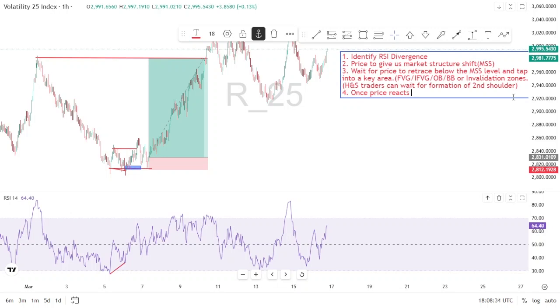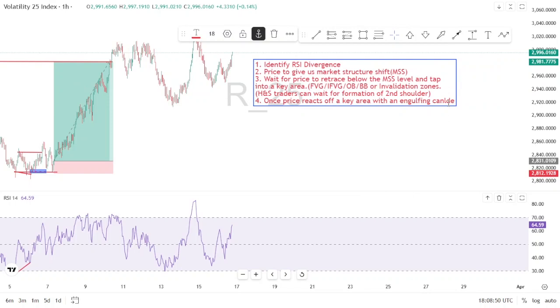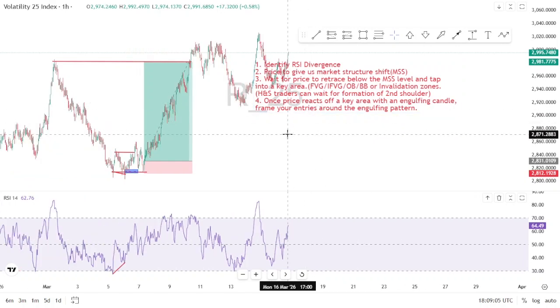Once price reacts off a key area with an engulfing candle, frame your entries around the engulfing pattern. So that is how you frame those entries.